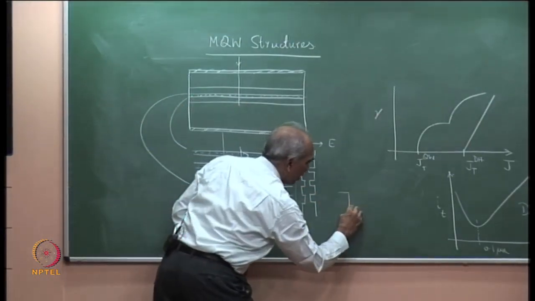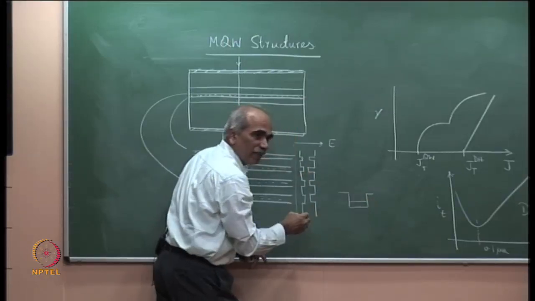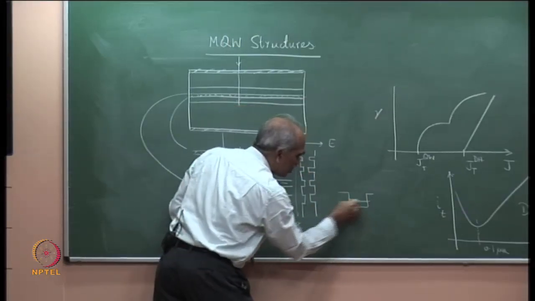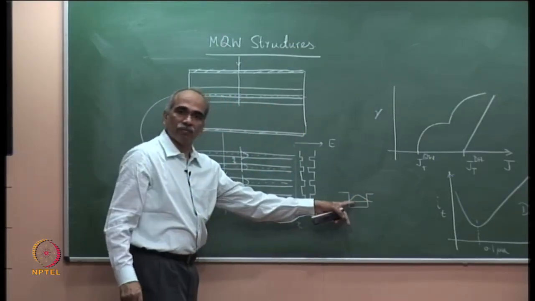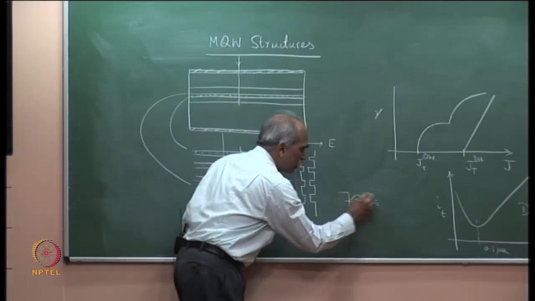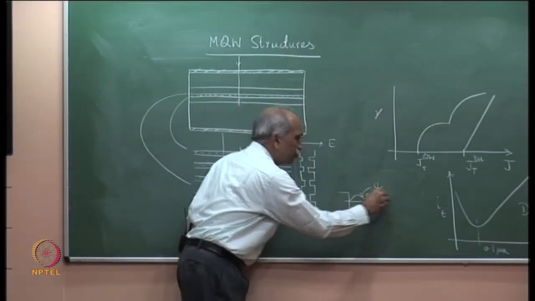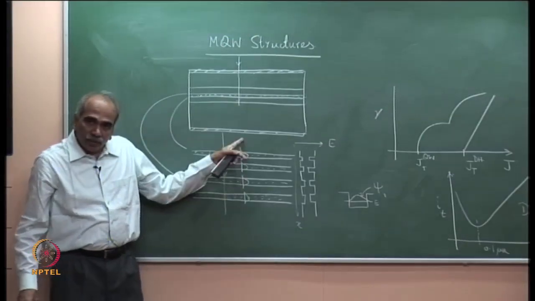In a potential well, if I rotate this, this is the allowed energy level, and where is the electron wave function? So, this is the electron wave function, fundamental electron wave function, E1 energy. So, this is E1 and this is psi 1, the wave function. So, that is what I have plotted.